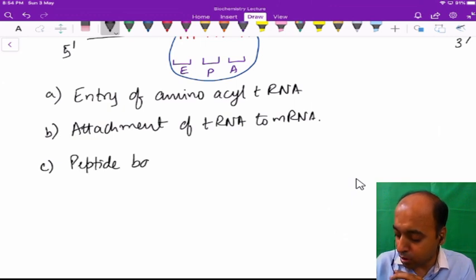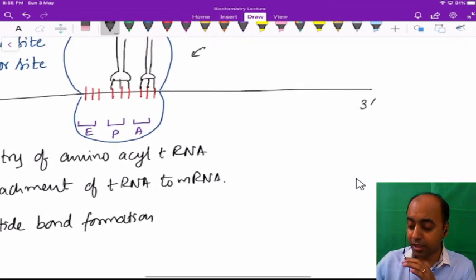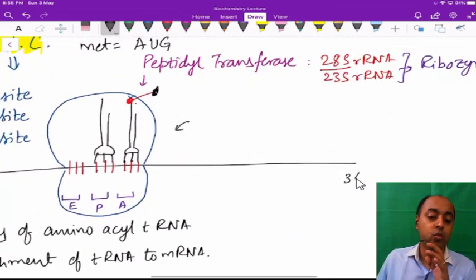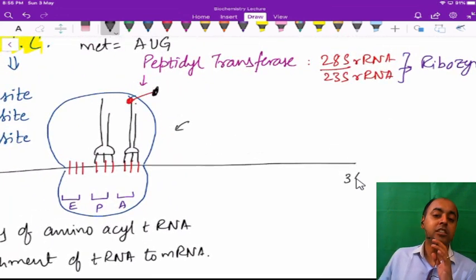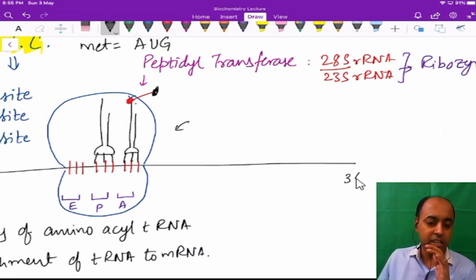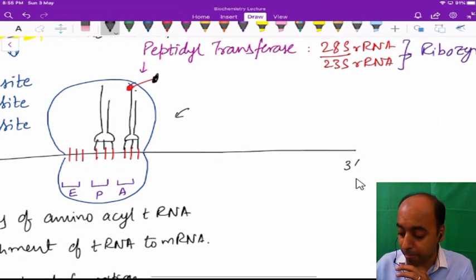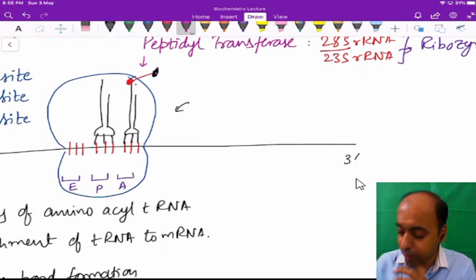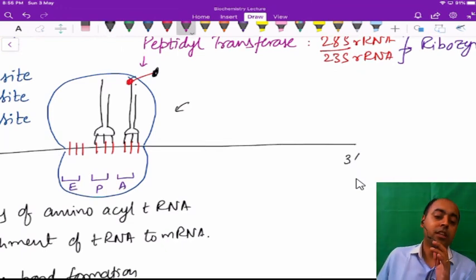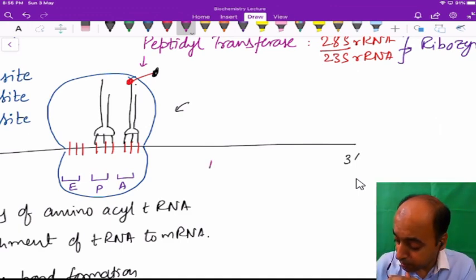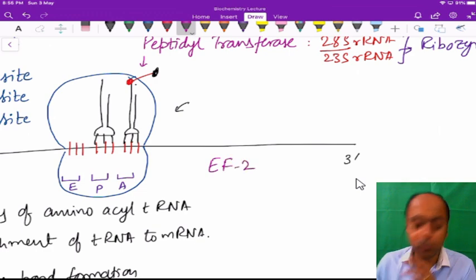Peptide bond formation. Please note, for this reaction the peptidyl transferase does not require extra energy. ATP is not consumed in this process. All the energy is provided by the peptidyl transferase itself. However, as soon as the peptide bond formation is completed, there is a protein elongation factor 2 which comes into play.